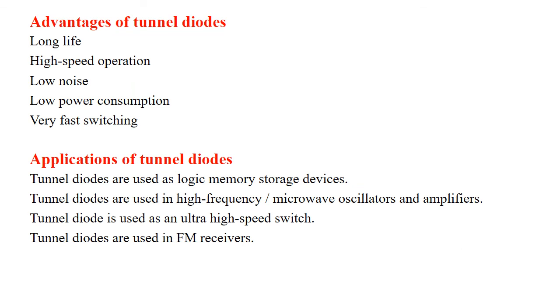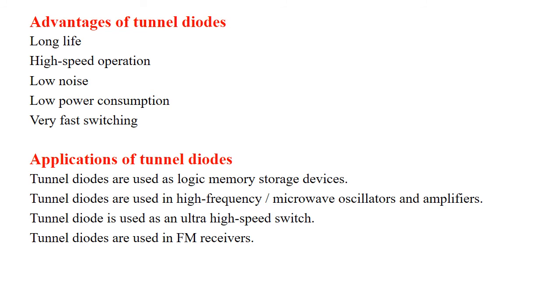So what are the advantages of a tunnel diode? It has a long life because we are operating the diode only in forward bias. Second advantage is high speed operation.